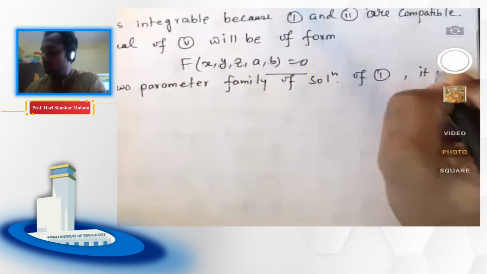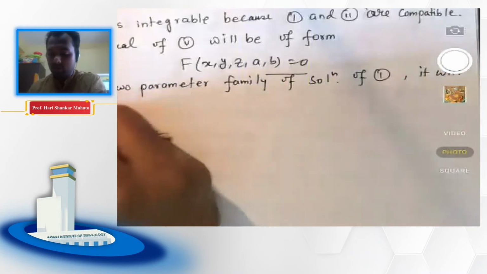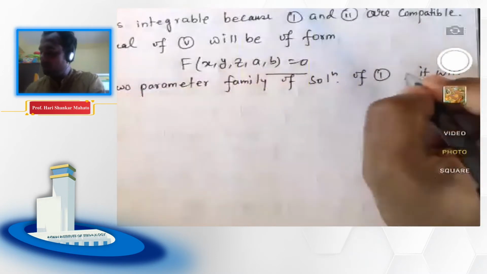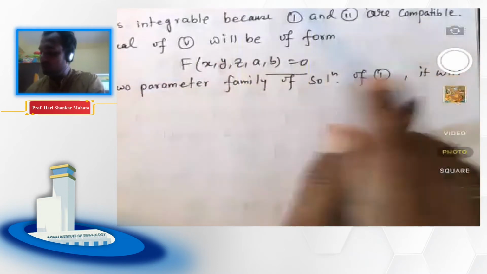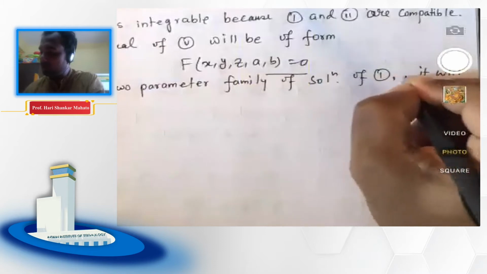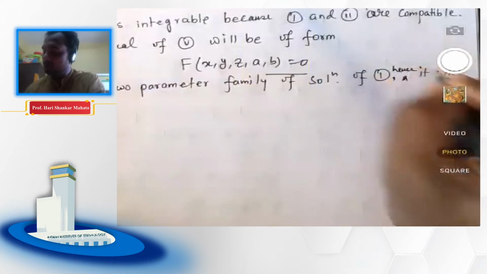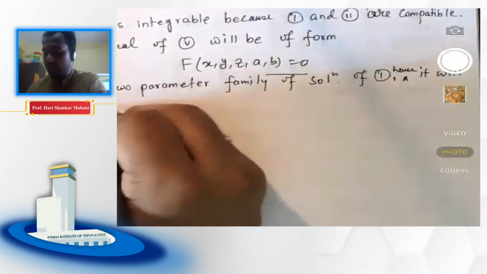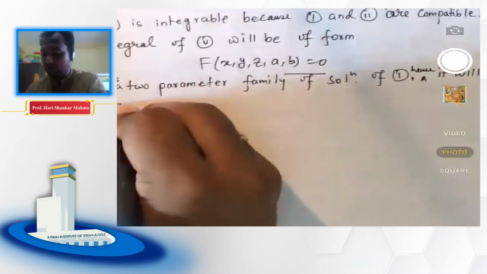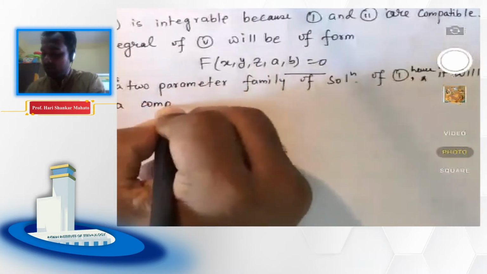Hence, it will be a complete integral of 1.